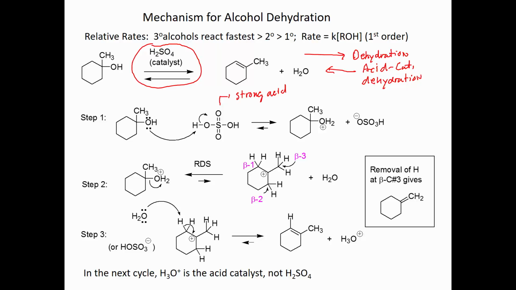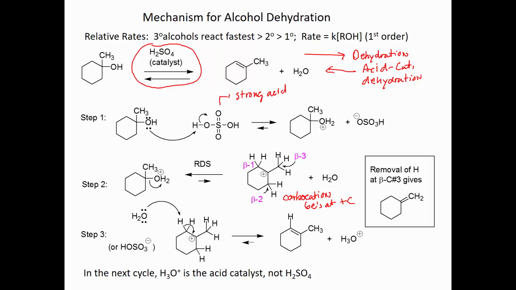This is the step where everything has an octet on the left side of the equation, but when you do the dissociation of water, you of course form a carbocation which only has 6 electrons at the carbon that we give a positive charge to. So that's our slow step. That's the least favorable step, and we can use this step to rationalize the relative rate.